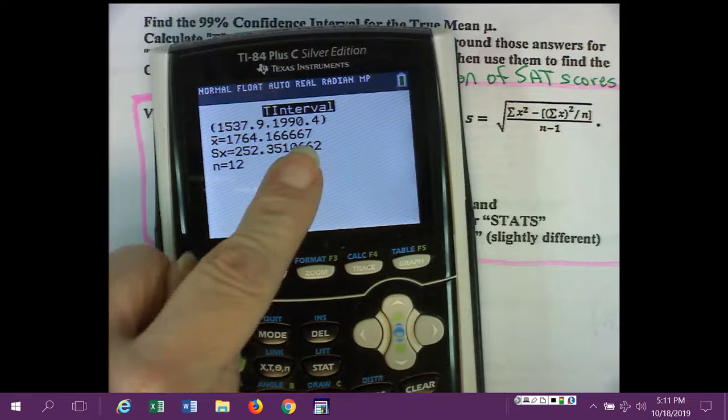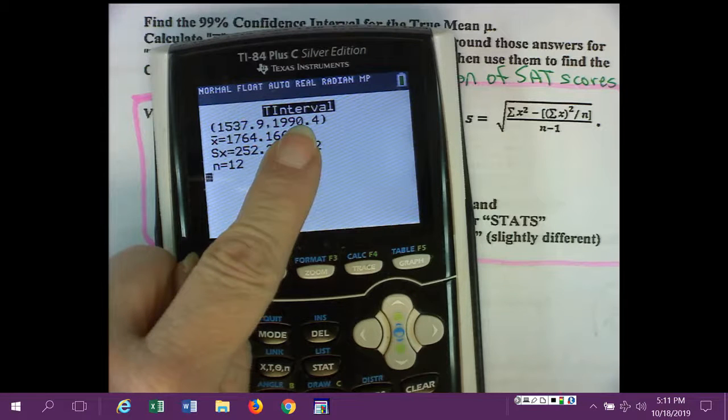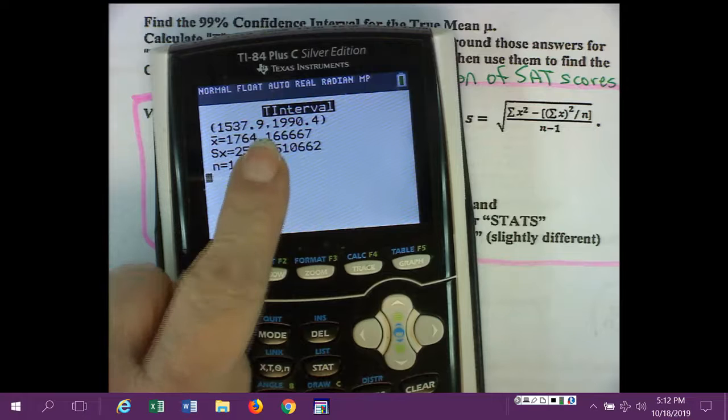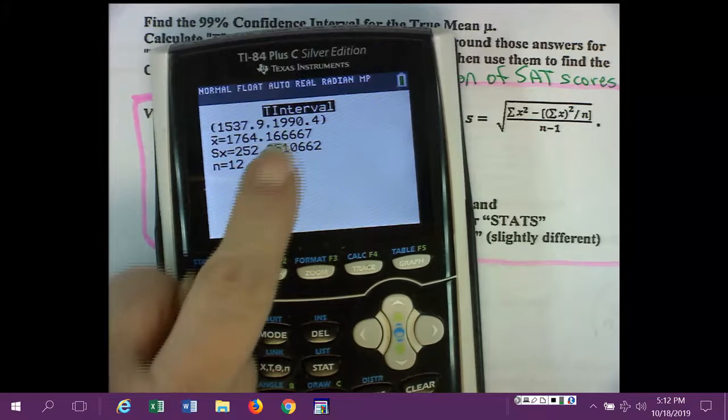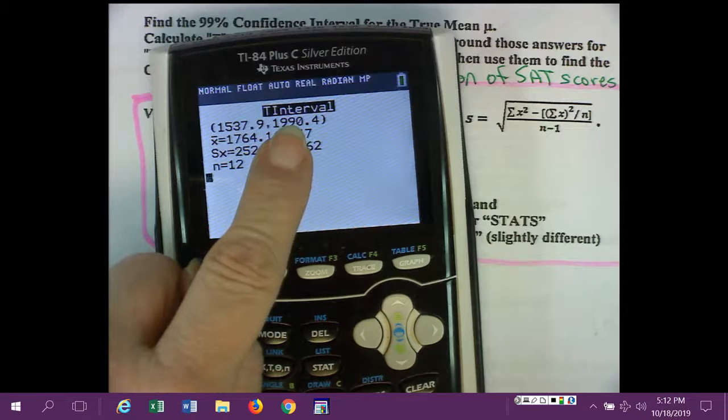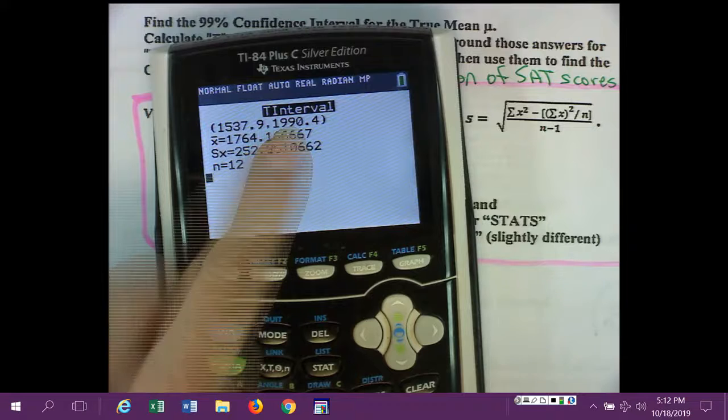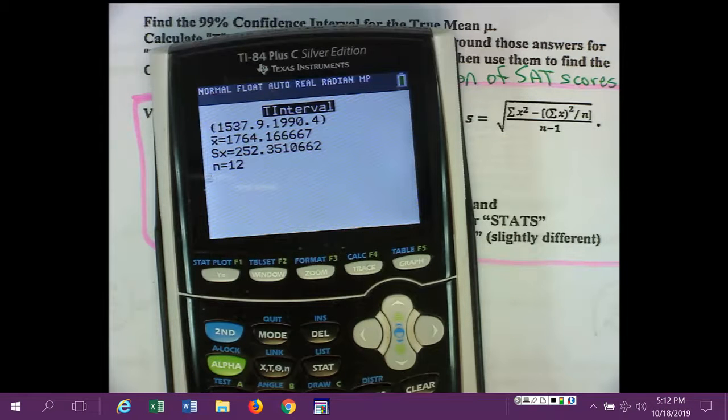But the upper, 1990.4, is not what we got by hand, and it's not what the calculator just gave us when we treated this as a statistical problem. So treating it as a raw data problem makes it not match up exactly with what we got by hand.